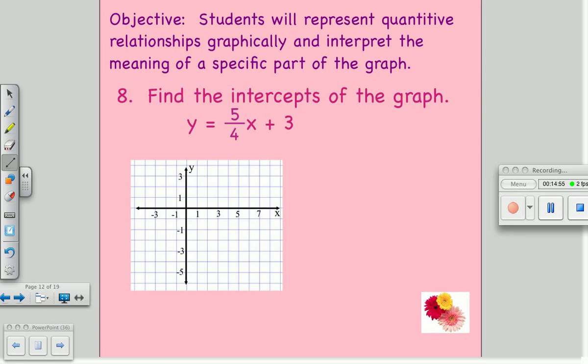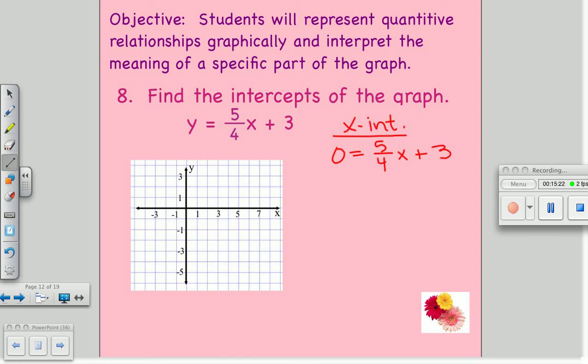This is the last example I'll show you. To find the x-intercept, we're going to make y 0. So 0 equals 5/4 x plus 3. In order to get x by itself, x is being multiplied by 5/4.